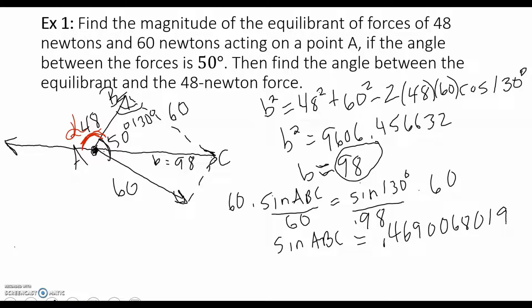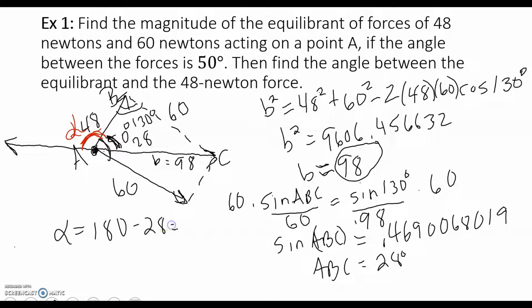And so in order to solve for the angle here, so remember that's the angle ABC, you would do the inverse sine of that value, which is 27.9698, and everything is given to two significant digits. So if I round that to two significant digits, that'll be 28 degrees. So that means this portion of the angle is 28. So to find alpha, we would do 180 minus 28, which is equal to 152 degrees.